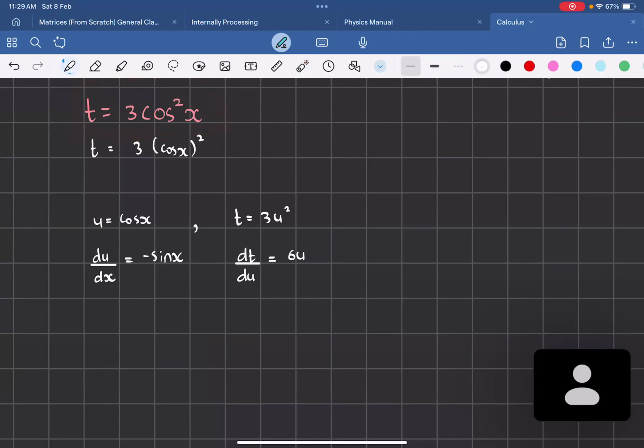So we're gonna multiply. So dt over dx equals du over dx multiplied by dt over du. That's correct. Well done. I honestly find you explain it well.